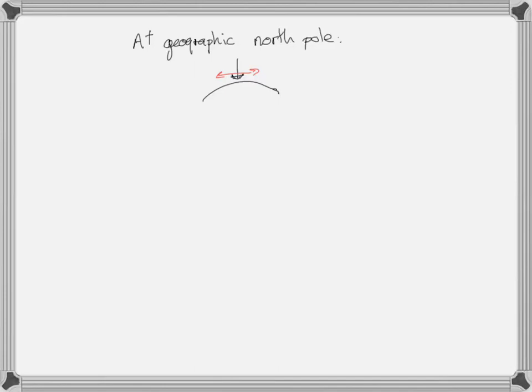So in that case, at the North Pole, there is no minimum or maximum. In ILB sine theta, theta is always 90 degrees at the North Pole because the power lines are running parallel to the ground and the magnetic field is running perpendicular to the ground.